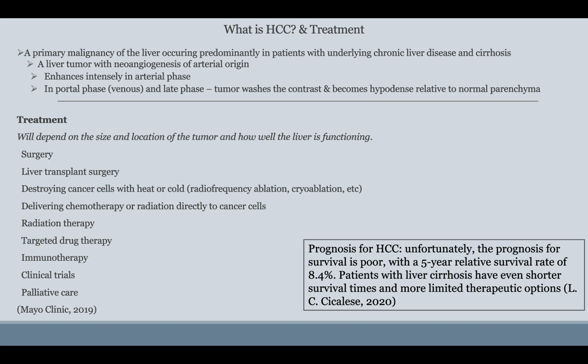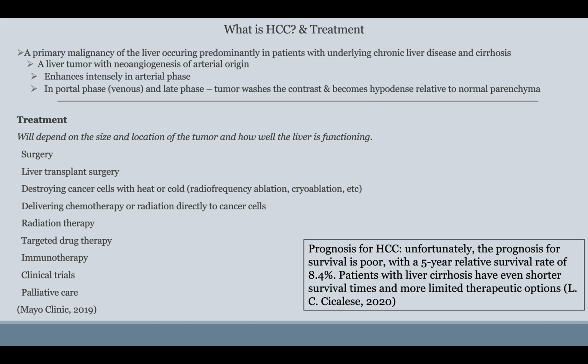It is a liver tumor with neoangiogenesis of arterial origin, which is why it enhances intensely in the arterial phase, and in the portal venous phase and in the delayed phase, the tumor washes the contrast out and it becomes hypodense relative to the normal liver parenchyma.